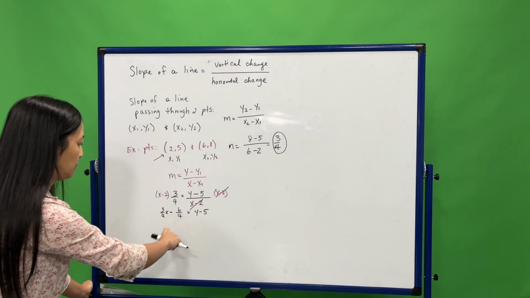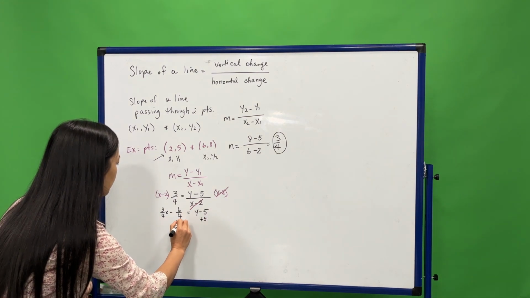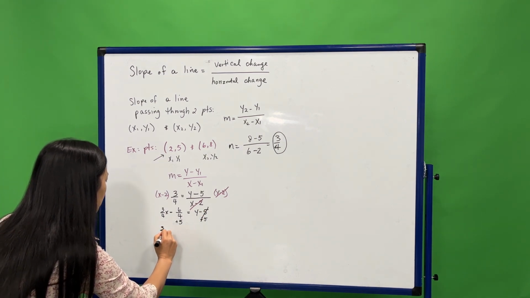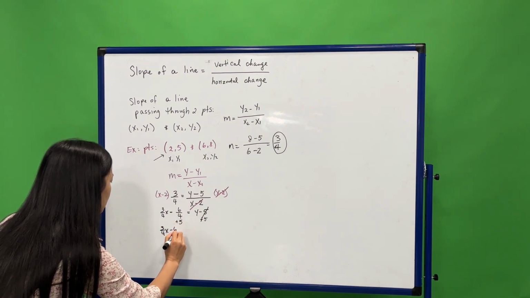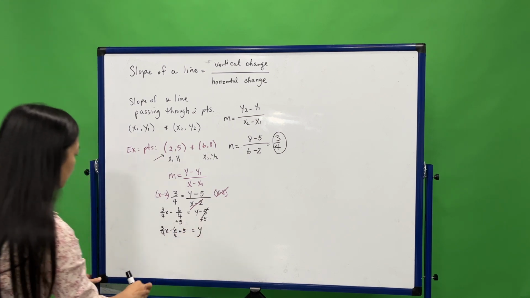Now we're going to add 5 to both sides to isolate y. And this will cancel. We get 3 over 4 x minus 6 over 4 plus 5 is equal to y.